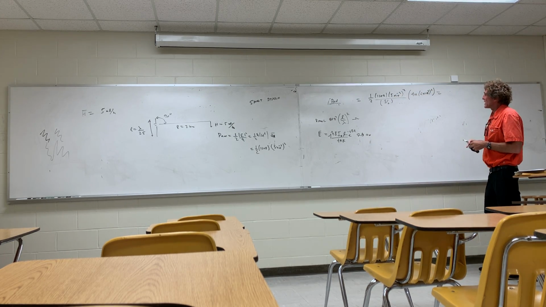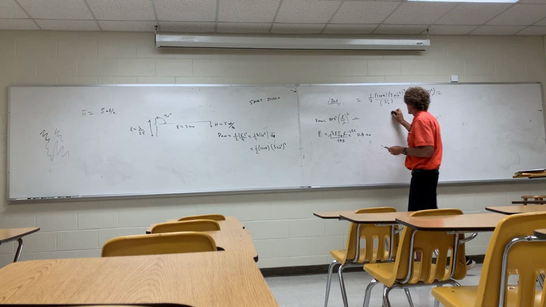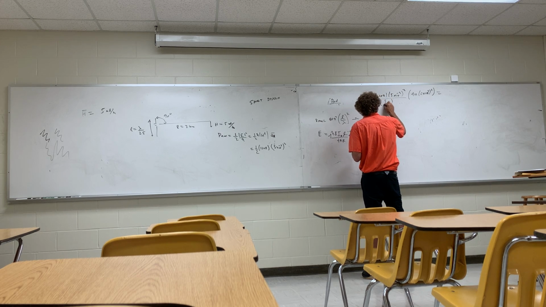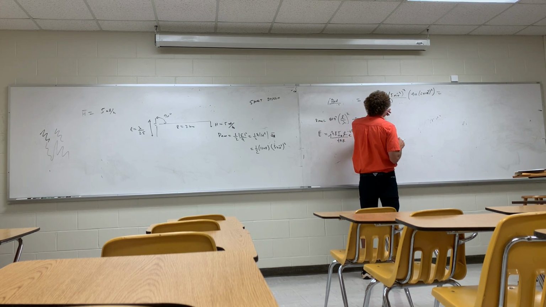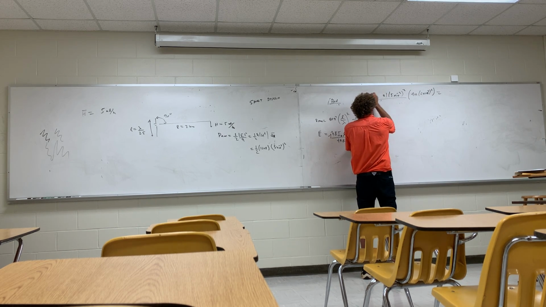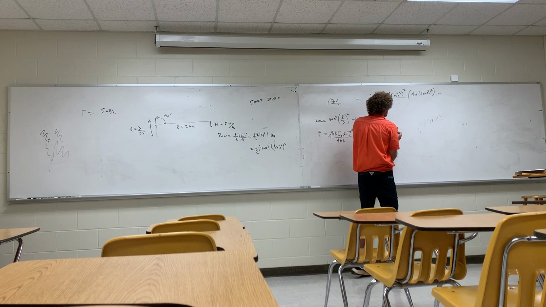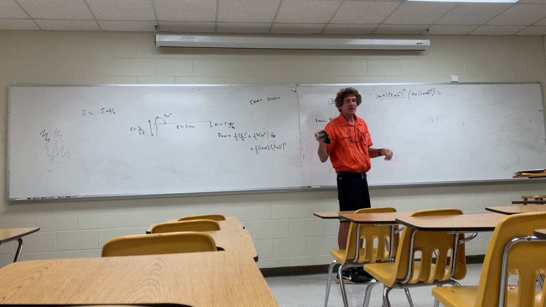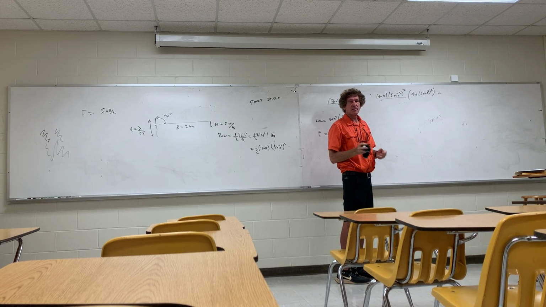We can play games and cancel things. Let's see here. The 2 and the 2 here cancel, don't they? So get rid of that. Then I got 3 into 120 pi. That's 40 pi, right? I'm just trying to cut down on the work I need to do. Well, at this point, we can keep going, but if anybody's got a calculator, can you just brute force that and tell me what the answer is?